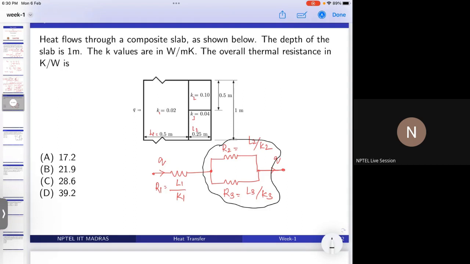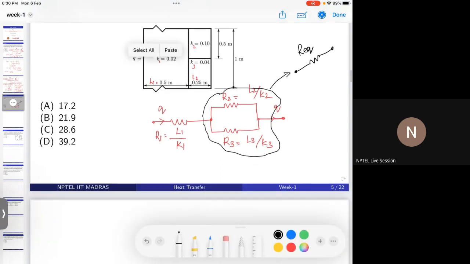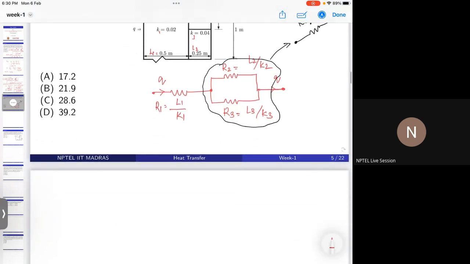This is almost exactly like an electrical network. So we are converting these two parallel circuits into a single circuit. I'm writing it as R equivalent. How we write the parallel equation: 1 by R equivalent is equal to 1 by R2 plus 1 by R3.